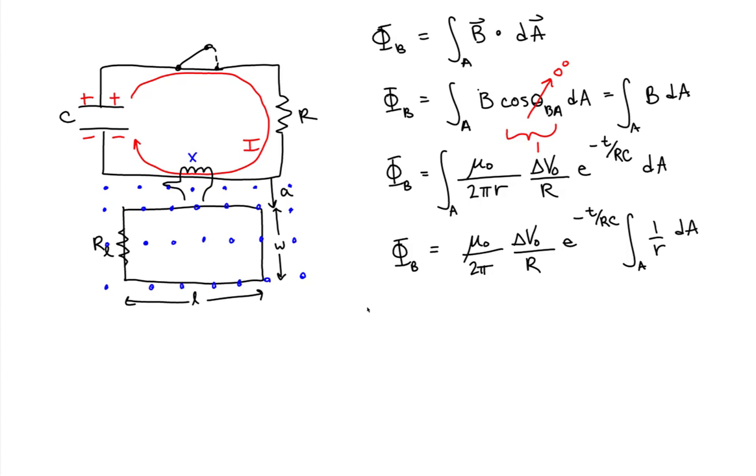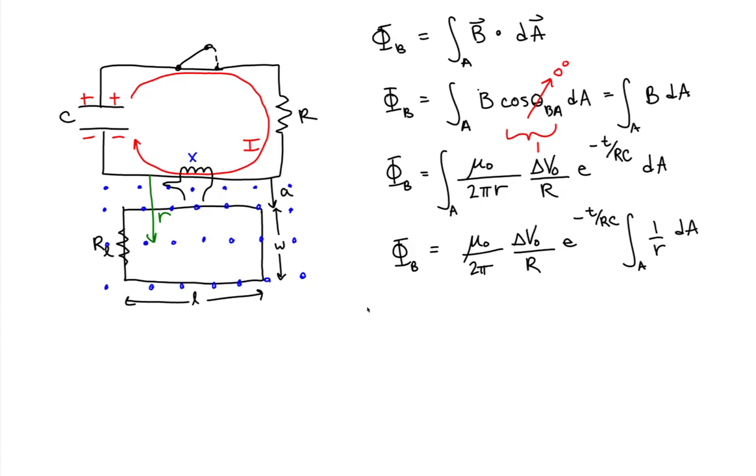So again, r is the distance away from the wire at which we are going to evaluate the magnetic field. So let's say that distance r goes from the wire to this point right here. And that isn't a special point. It's just an arbitrary point within the conducting loop. And at that arbitrary point, at that distance, the magnetic field everywhere along that horizontal line is constant in magnitude.